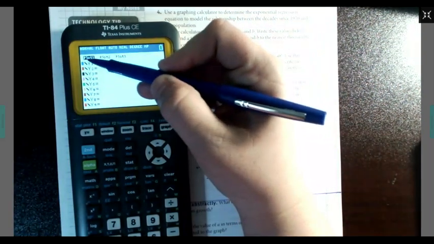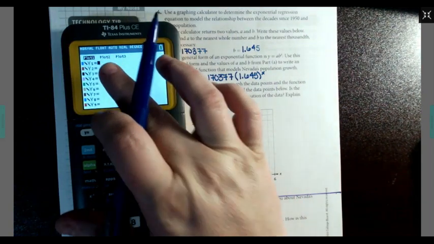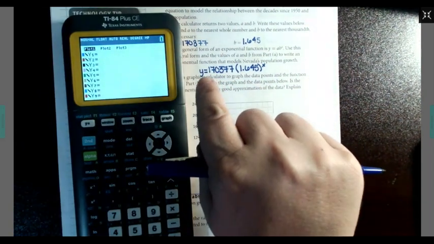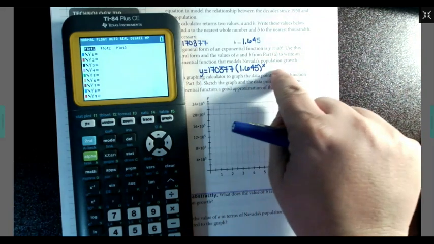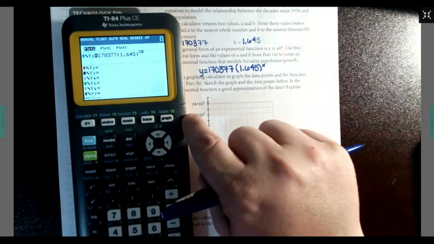And what it's done is put a black box around Plot 1. In Y1, I'm going to type in the equation that we wrote down for part B: 170,377 times 1.645 to the x power.